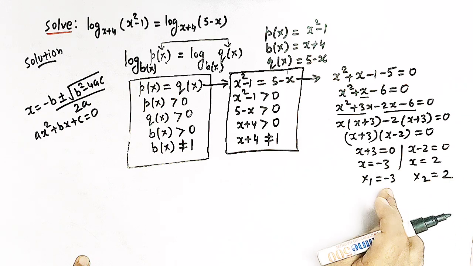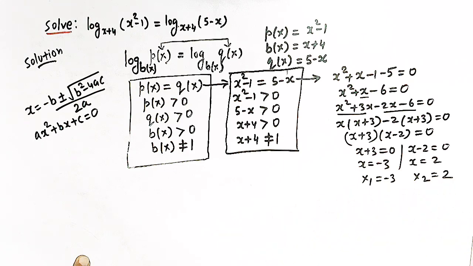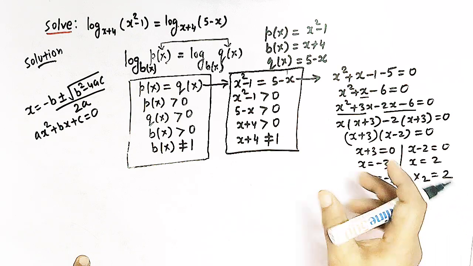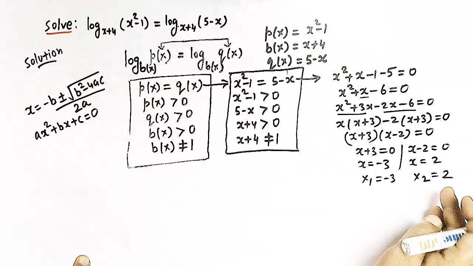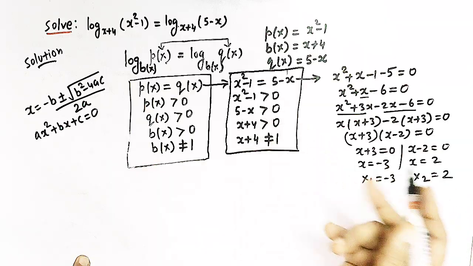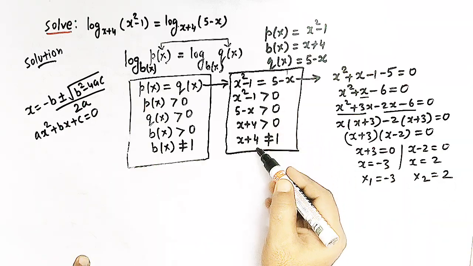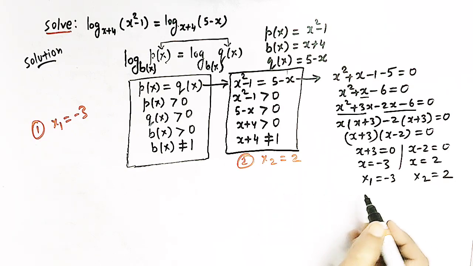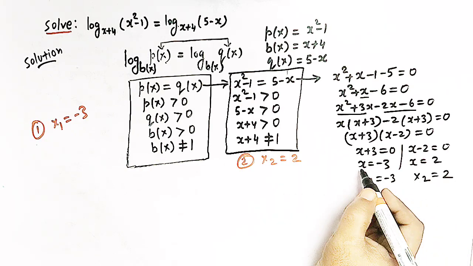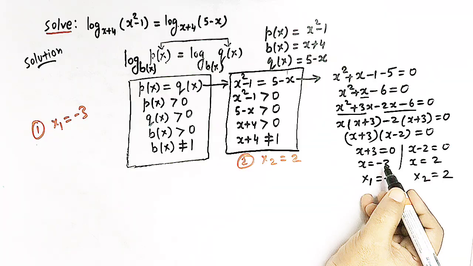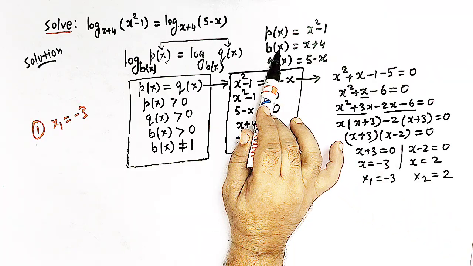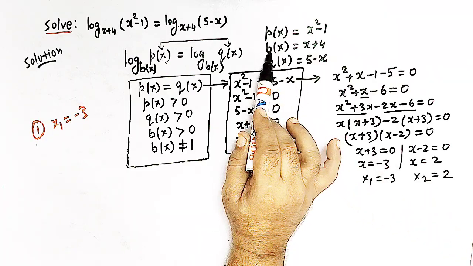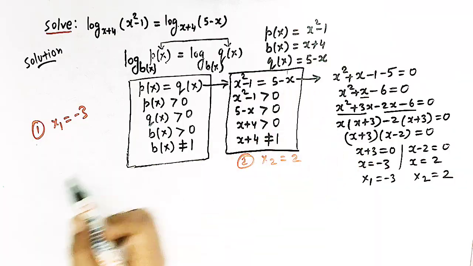So now let us consider these two values one by one, and we'll see whether these values verify or satisfy these conditions. So now let us take x1 is equal to minus 3, that is x is equal to minus 3 in this expression, that is the base b of x is equal to x plus 4.